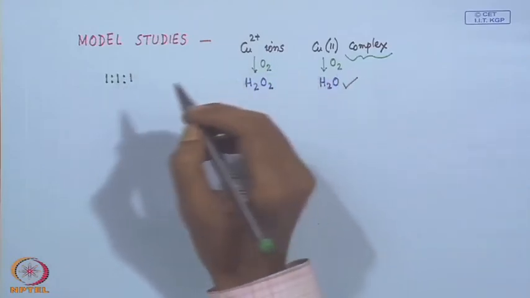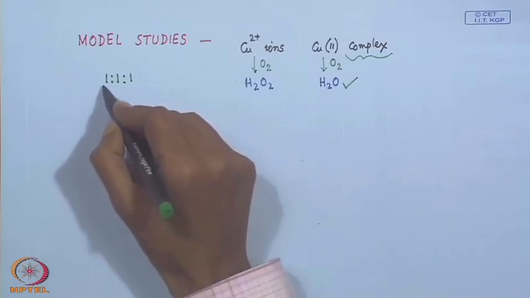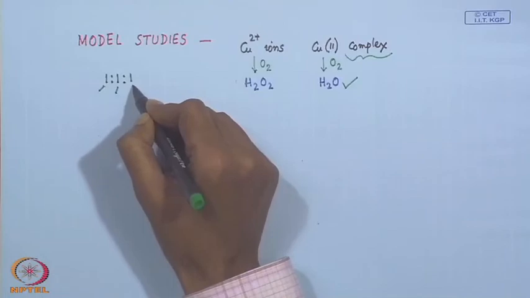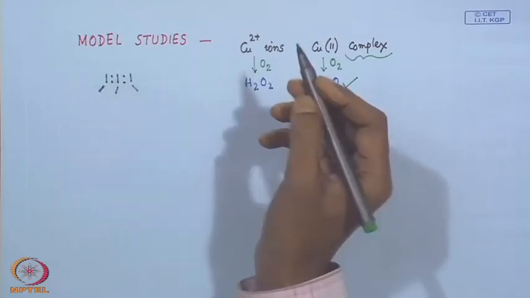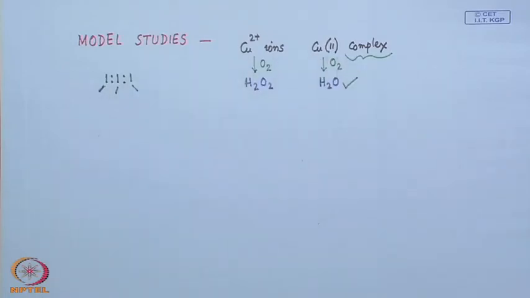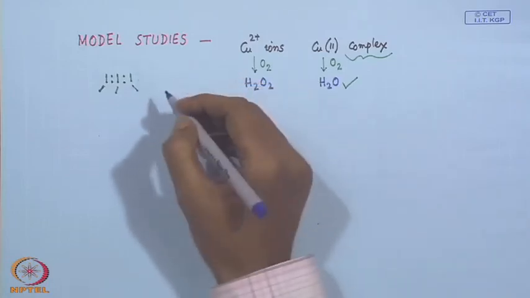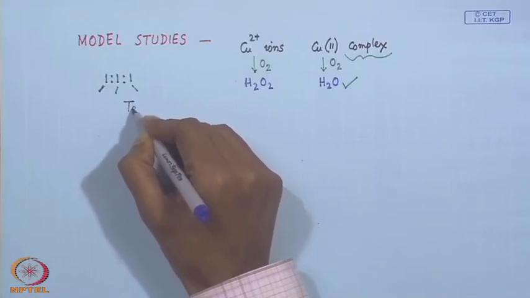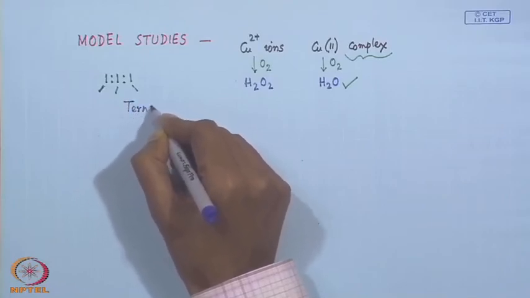You have the ascorbate anion, then copper and then dioxygen. So, it is basically a system that we commonly call a ternary complex.